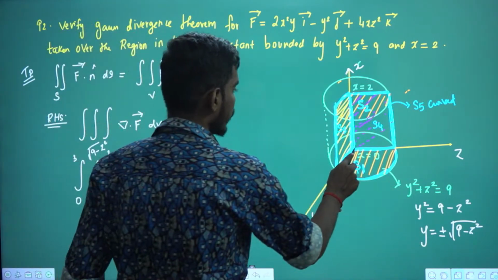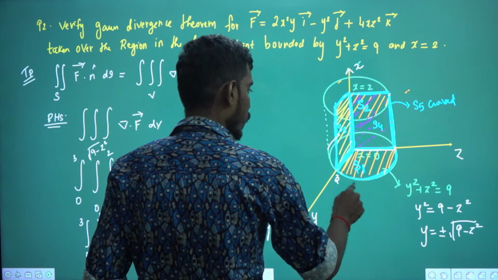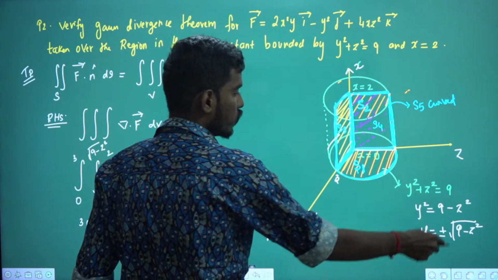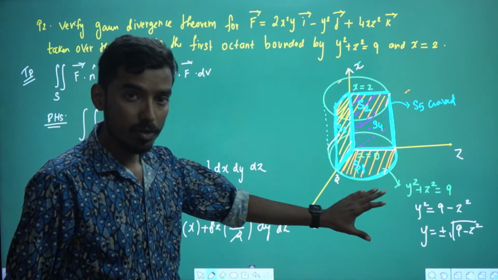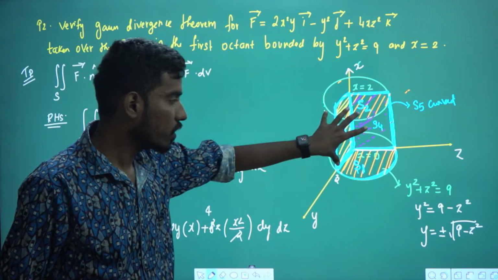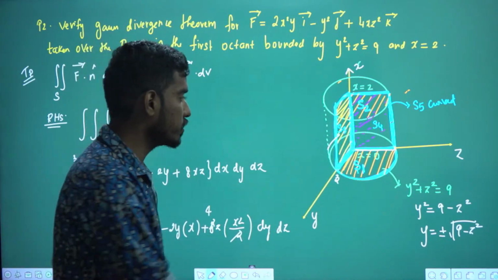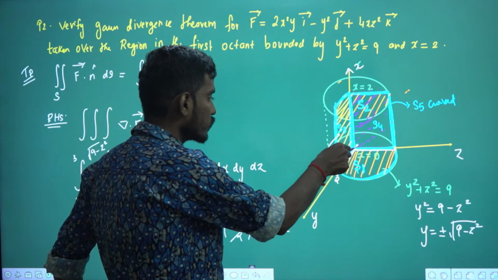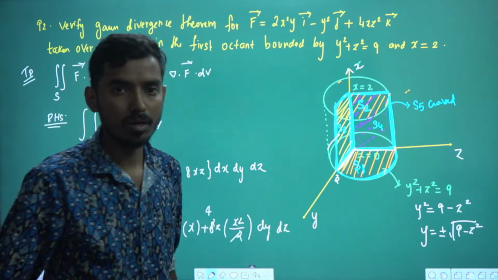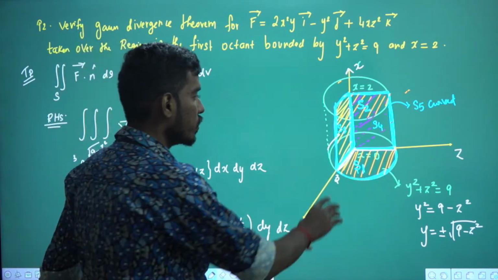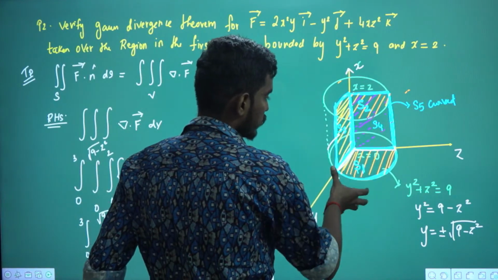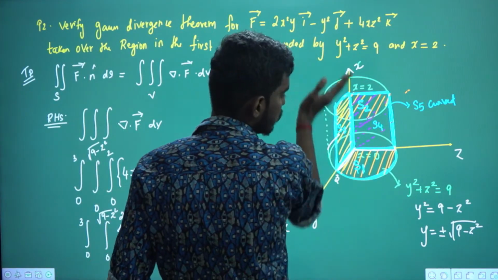I am taking z varies from 0 to 3 and I am varying y. So what is y? Plus or minus root of 9 minus z square. But you take 0 to root of 9 minus z square, because we are in the first octant, where everything is positive. So z varies from 0 to 3, and x varies from 0 to 2.